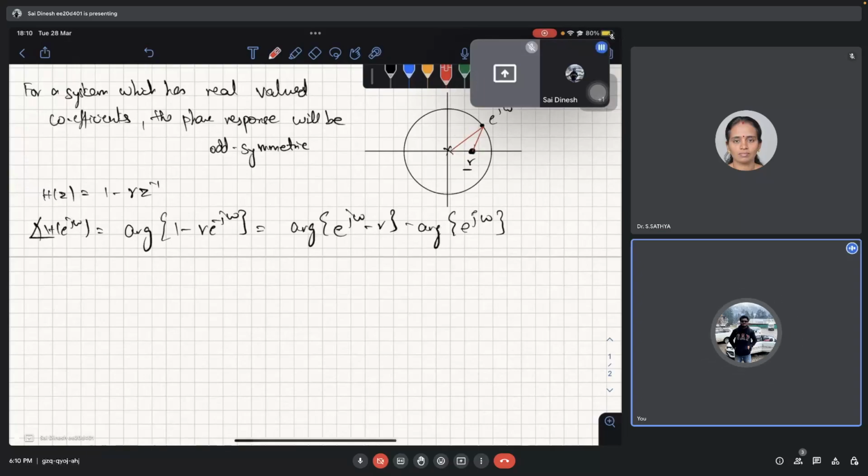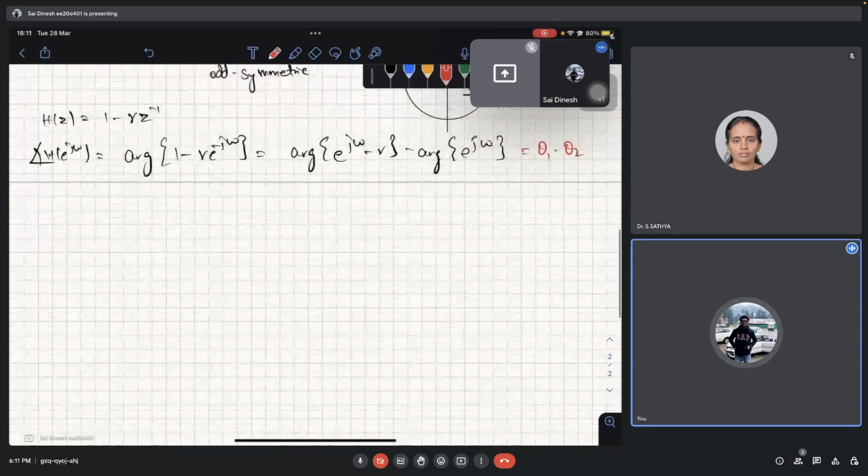So here this is theta 1 and theta 2. Sorry, it's the reverse. Theta 1 and theta 2. So here it is theta 1 minus theta 2, right?